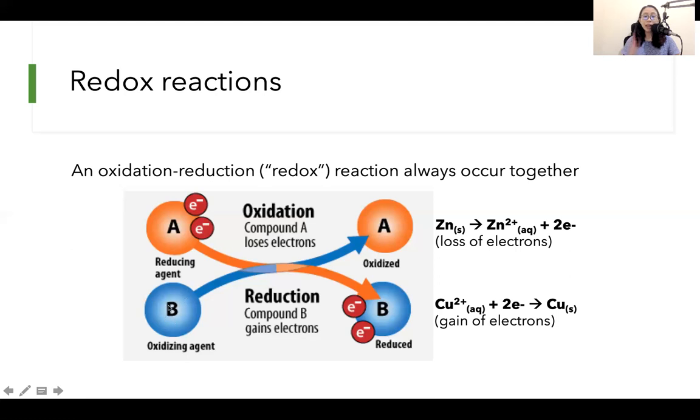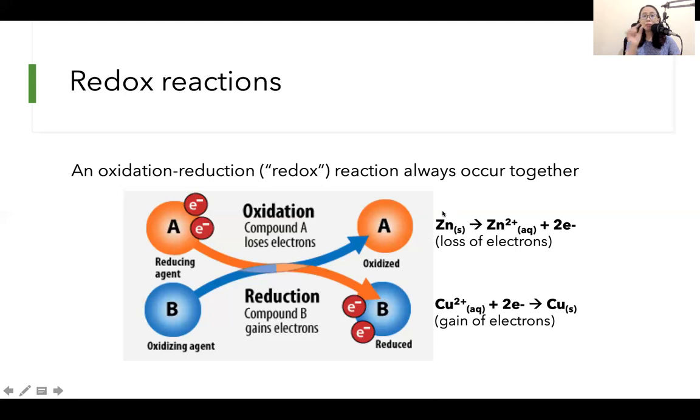It is the agent that causes the oxidation of A. So it's opposite. Again, the reactant that undergoes oxidation is the reducing agent, and the reactant that undergoes reduction is the oxidizing agent.